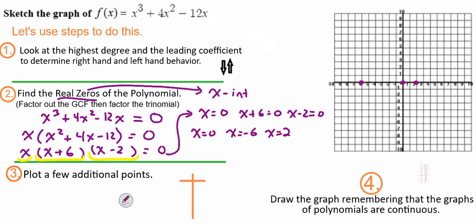All right, now I'm going to do something and then I'm going to erase it right away. I want you to not follow me. I'm going to show you something and then erase it because I want you to see that we know enough to get a general sketch of this polynomial, because we know where it intersects the x-axis.